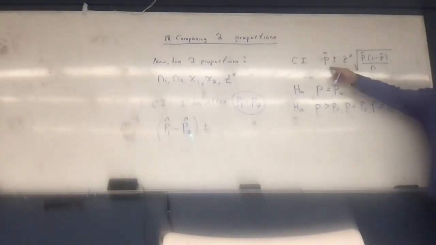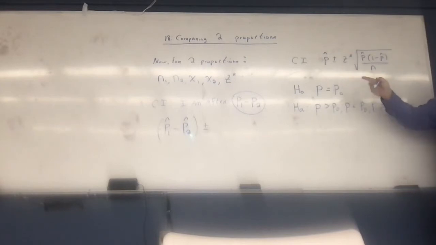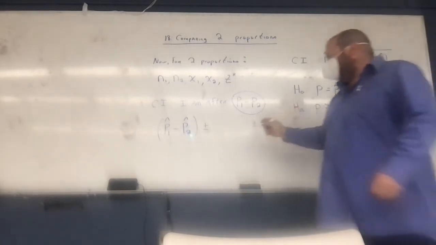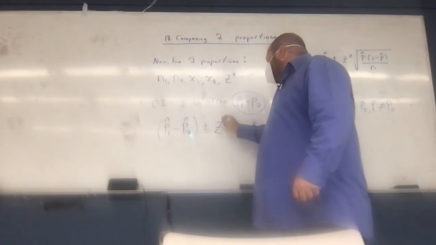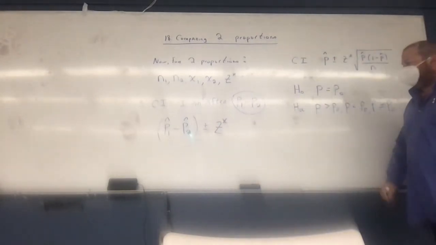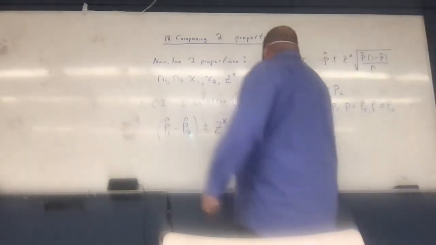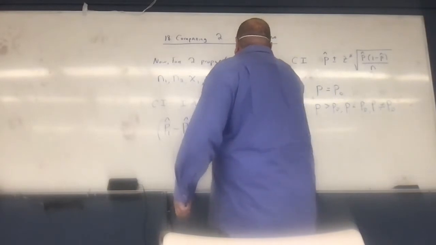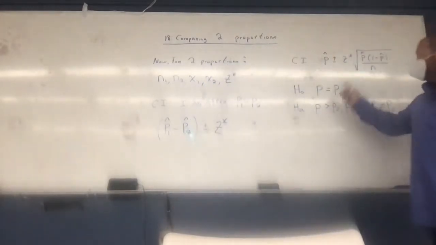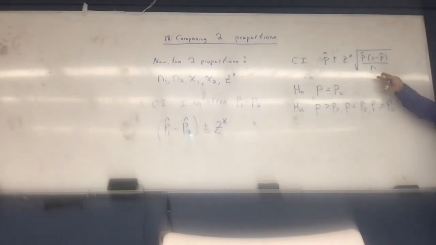You have my sample value plus or minus Z star, same confidence value, plus or minus Z star. And now it gets a little more complicated because now I have this little thing here. This thing here for one proportion involved the sample proportion and involved the size of the sample.